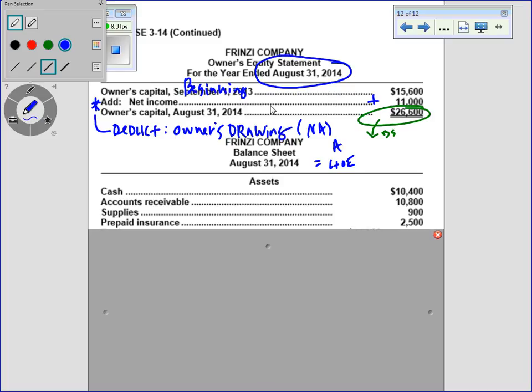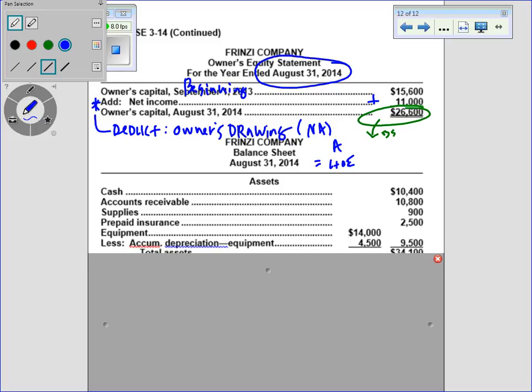So let's talk about equipment for a minute. It looks like it's valued at $14,000, but accumulated depreciation ended at $45,000. So to get our true value of equipment, we're going to list that, take that $14,000 and put it in the left column. But then we need to subtract off the accumulated depreciation.